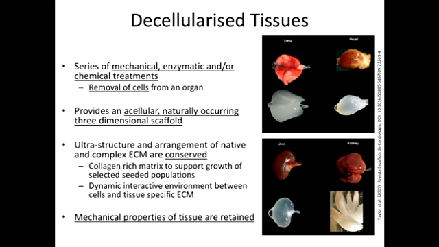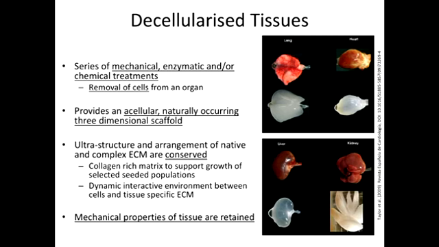One aspect that's gained a lot of interest of late is the use of decellularized tissues. We know that there's conservation between different species in the constitution of the extracellular matrix. The idea of being able to generate a whole organ from scratch is mind-blowingly complex.